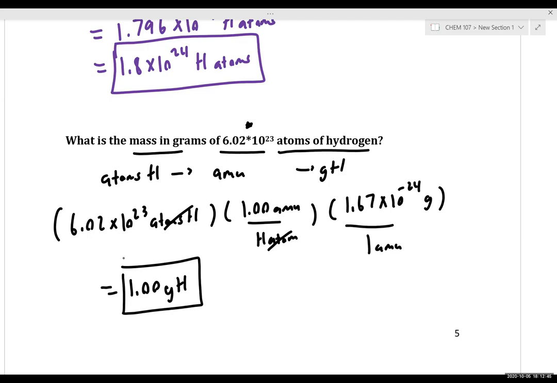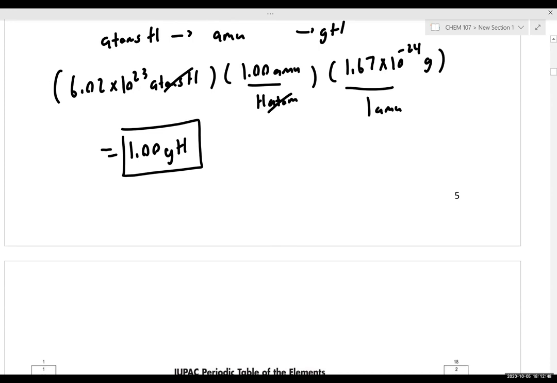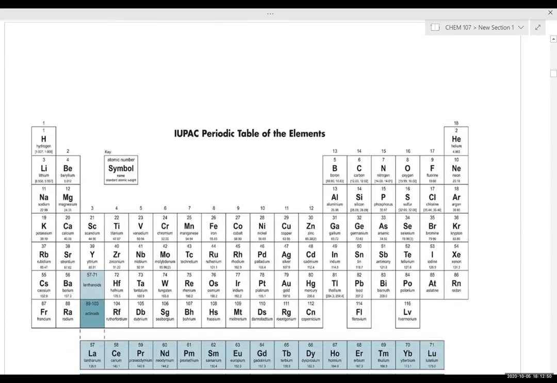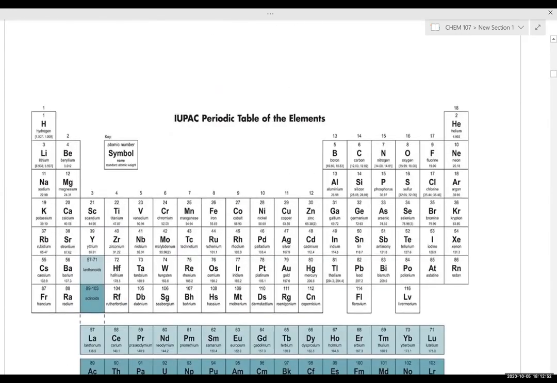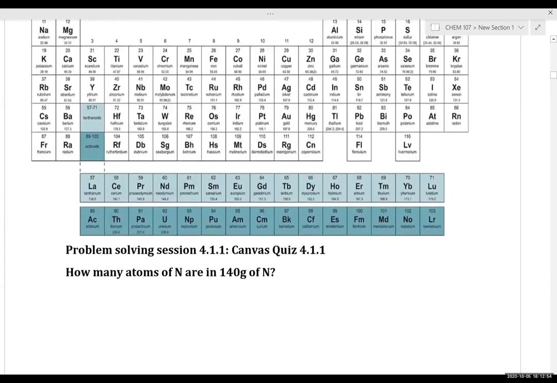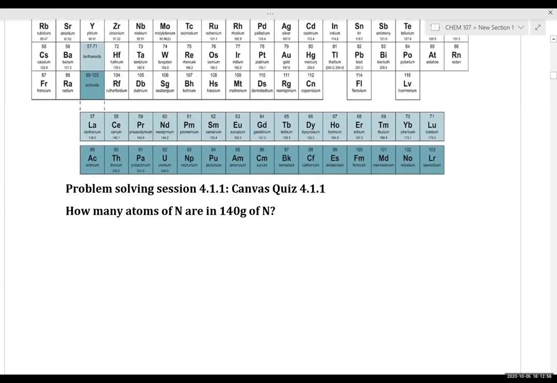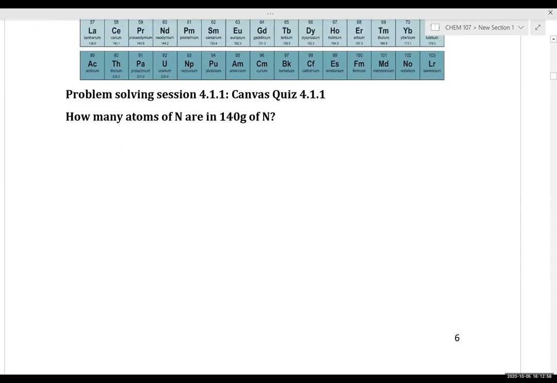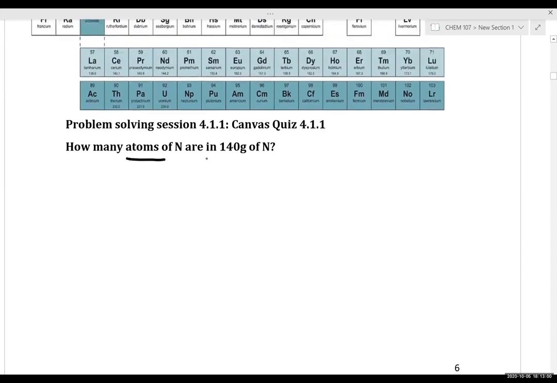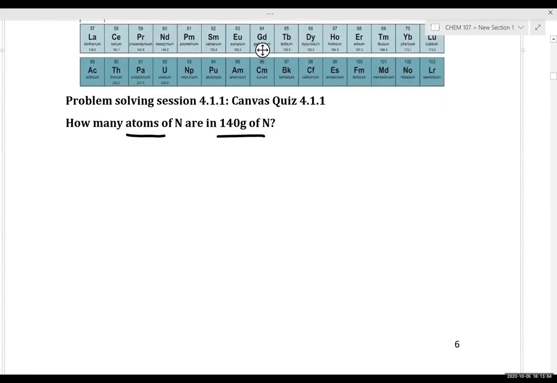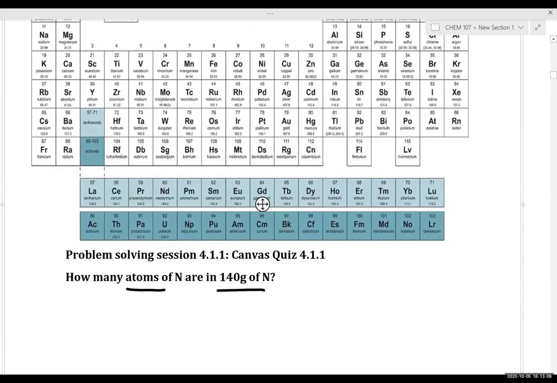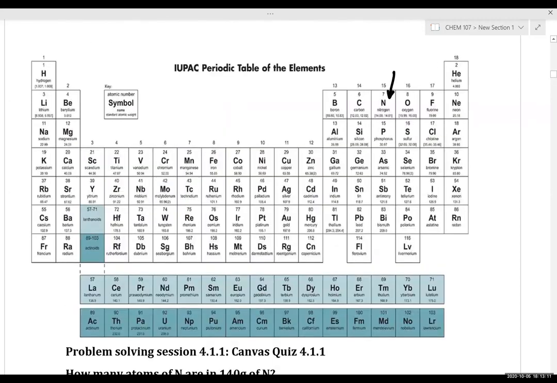Yes. Perfect. So to check that everyone's comfortable with these topics, I've provided you a periodic table, and now I'd like you to solve the following problem: tell me how many atoms of nitrogen are in 140 grams of nitrogen. And remember, you need to use your periodic table to find your atomic masses.